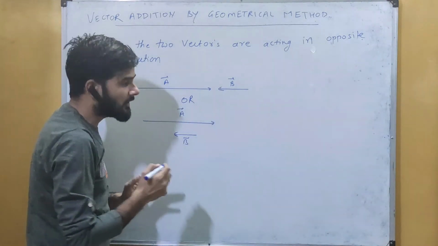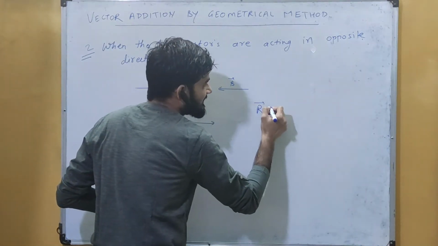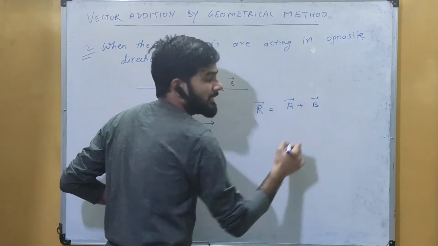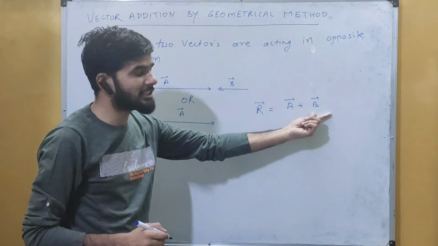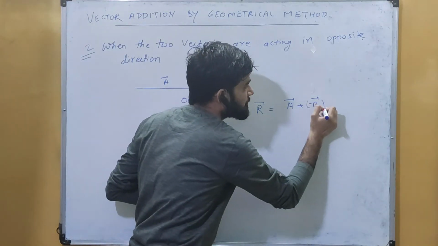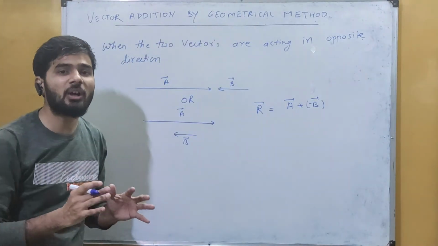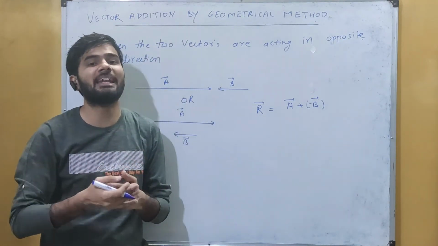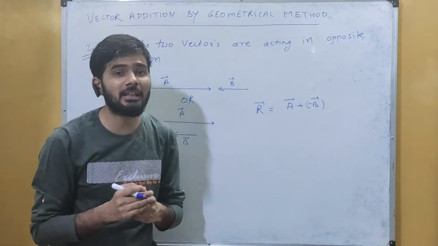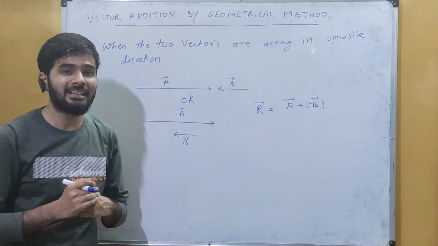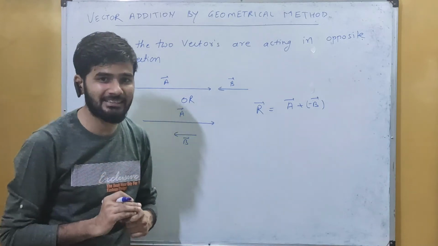Okay, now here for the resultant one I can write this resultant vector R is equal to vector A plus vector B. But here this vector B is in exactly the opposite direction, so we can write here minus of vector B. This is what we have seen in the case of negative vectors. If we have to make the negative vector of a vector, what do we have to do? We have to put a minus sign with it, which represents its direction, that its direction will be exactly opposite.